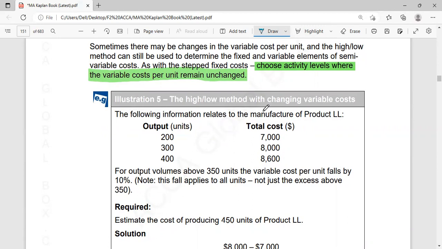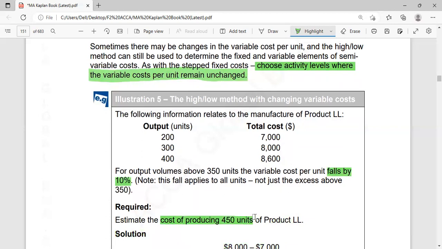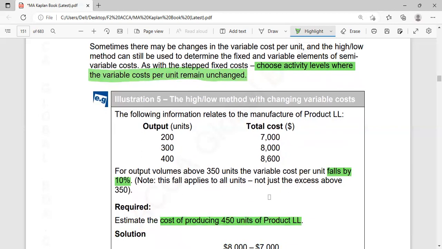For output volumes above 350 units, the variable cost per unit falls by 10%. Note this fall applies to all units, not just the excess above 350. And what is the requirement? Estimate the cost of producing 450 units of product. Yes, you have to calculate the cost of 450 units.